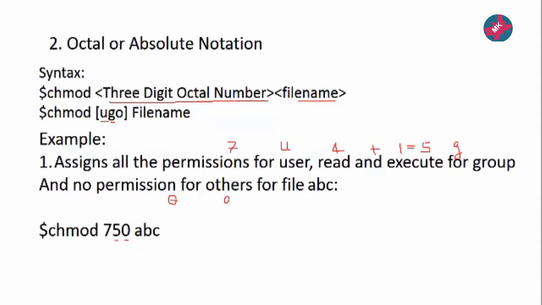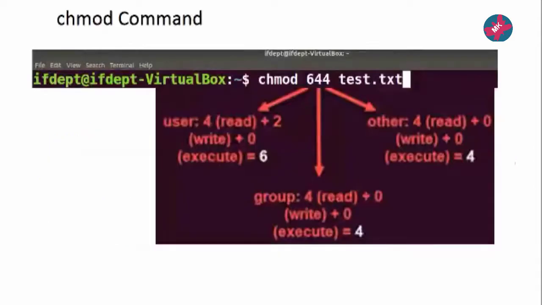Once again, I'll show you one particular snapshot right here. Now say suppose I will be writing this chmod in front of my prompt. Then this is octal notation. I will, say suppose, write my octal instruction and in front of it the file on which I want to assign the permissions. So say suppose if I write here 6, what does it mean? This first set is for user or owner. So this user or owner will have the read as well as the write permission.